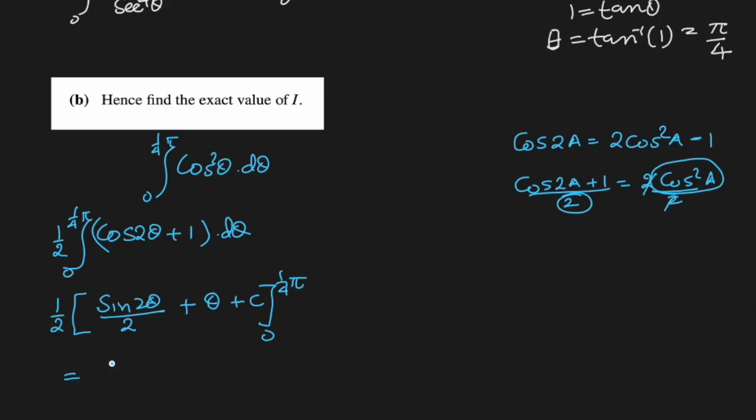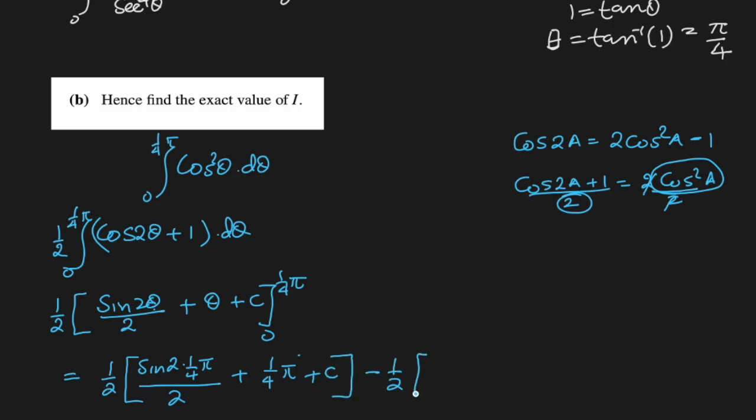Let's substitute now. 1 over 2, sine 2 times 1/4 pi over 2 plus 1/4 pi plus c, minus half again, substituting 0: sine 2 times 0 is 0, over 2, plus 0 plus c. Sine 0 is 0 and 0 divided by 2 is 0, gone.